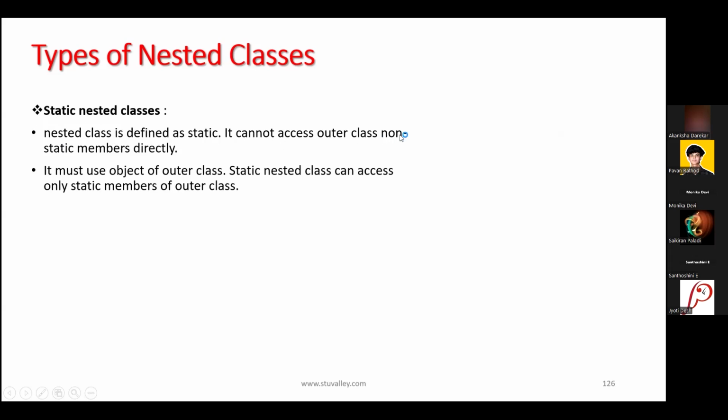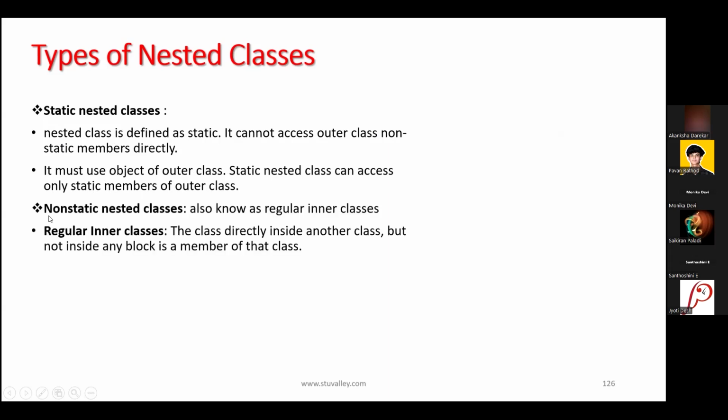It cannot access outer class non-static members directly. It must use an object of the outer class. A static nested class can access only static members of the outer class. So basically, as I said, static context and non-static context: we can access only the static context of the outer class in the nested class.